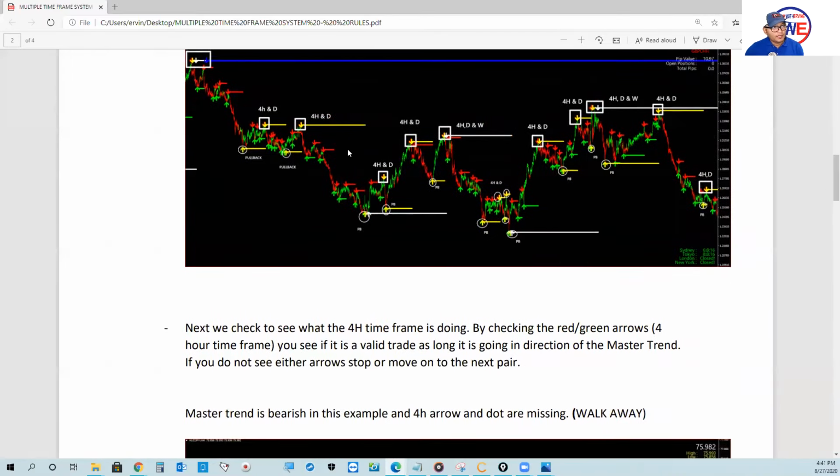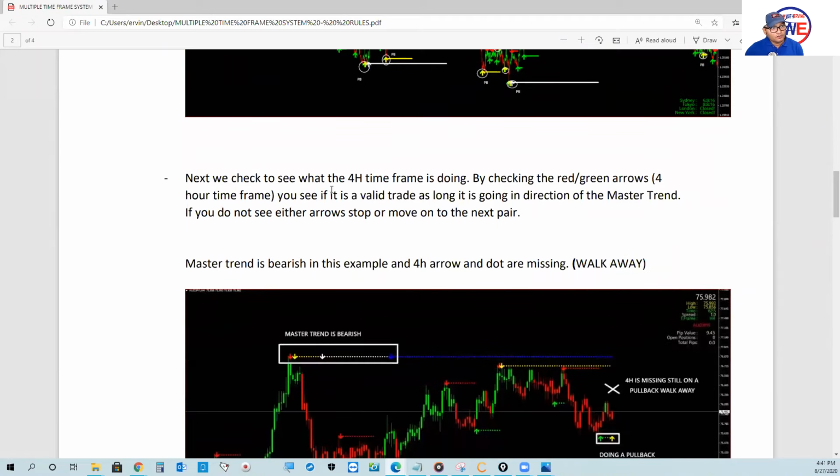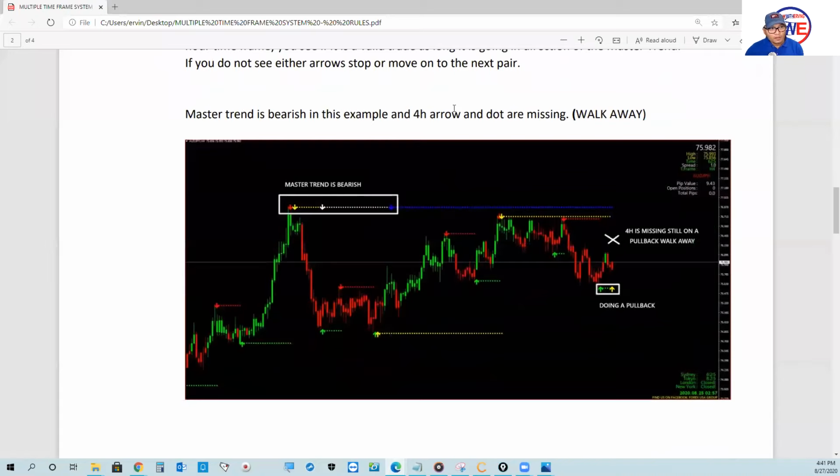Look at here, brothers and sisters, pullback, and so on and so on. And here also, look, in this example the multiple time frame is telling us the market is in a bullish position. This is AUD JPY.